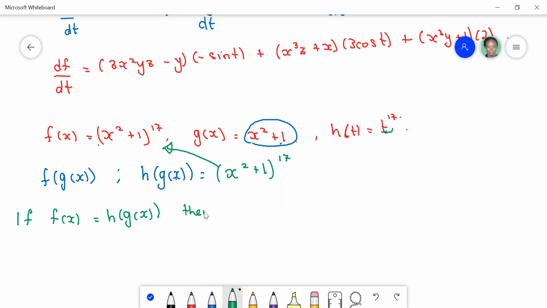Then it means that my derivative, f prime of x, is going to be equal to the derivative of h, h prime, of g of x, times the derivative of g of x as well. We may not understand unless we take an example, so the best thing to do is take an example.